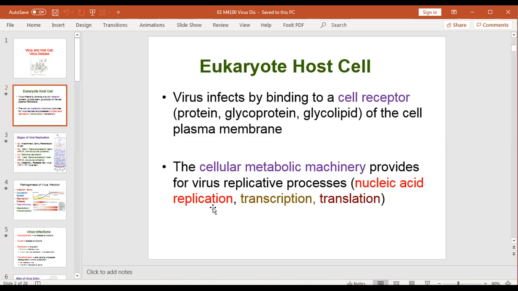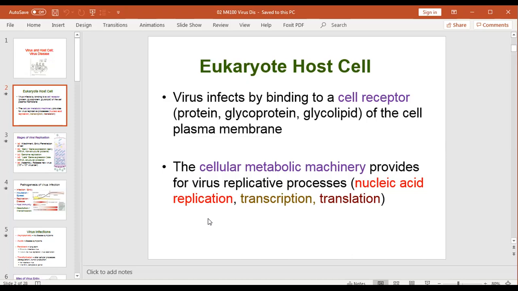The metabolic machinery of the host cell provides the virus its replicative processes, meaning those processes that are necessary for the virus to replicate its nucleic acid, transcribe its genes, and translate those genes into proteins.